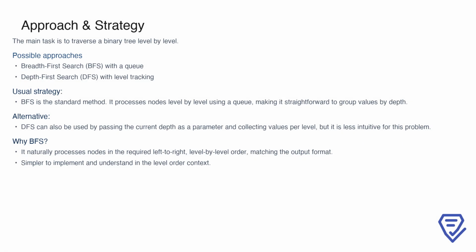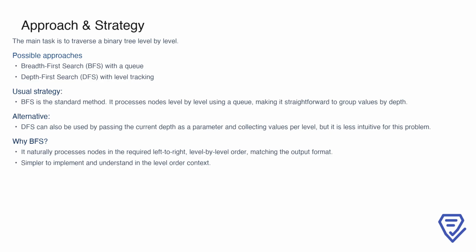For LeetCode problem number 102, the conventional and recommended approach is to use breadth-first search, or BFS, with a queue to process the tree level by level. BFS allows you to visit nodes in the exact order needed, naturally grouping their values by depth. The alternative, depth-first search, can be adapted by tracking levels, but it requires extra logic to manage value grouping, making it more complex and less readable.